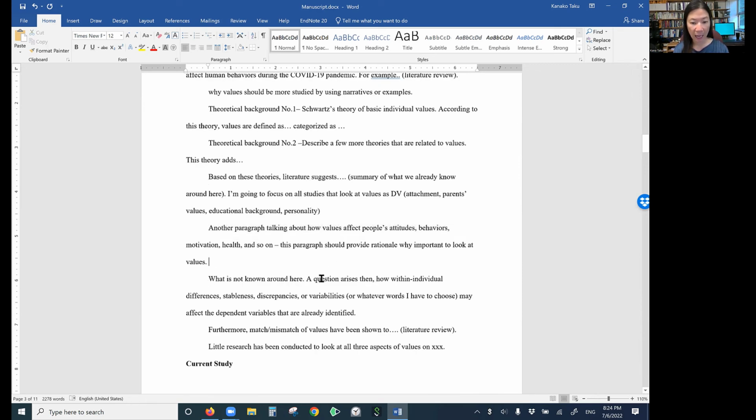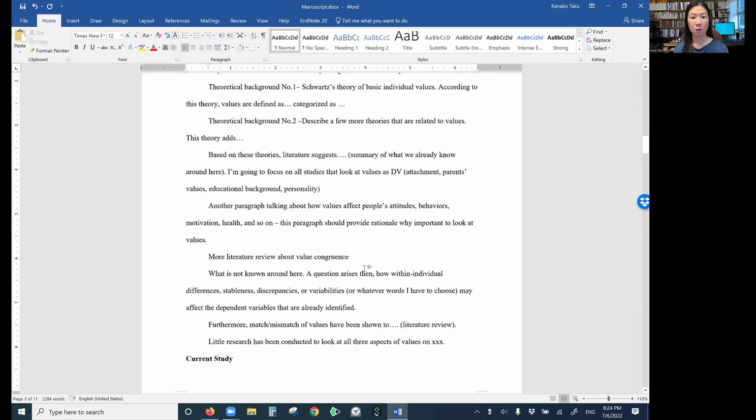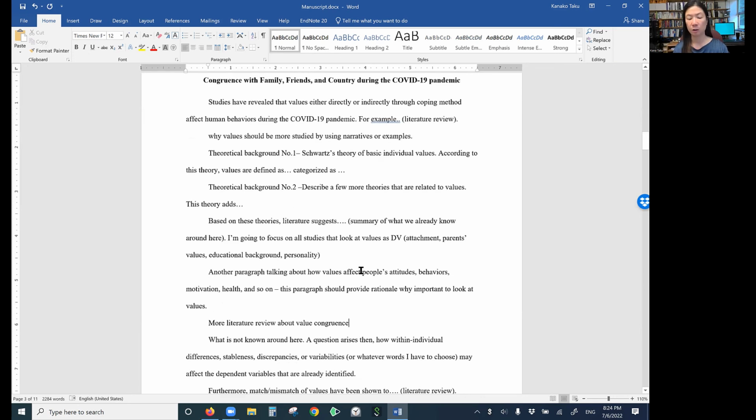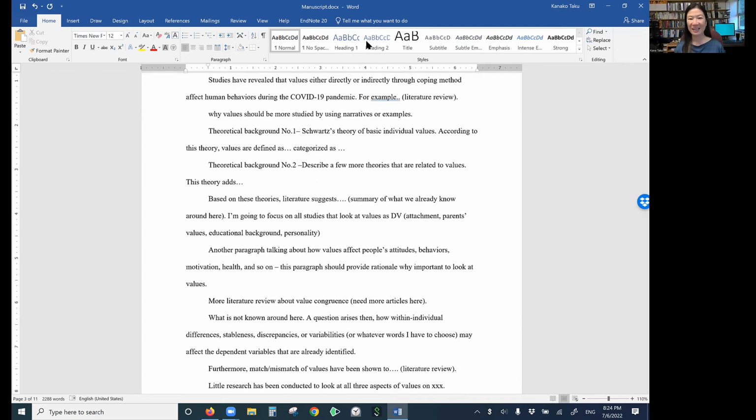Then I originally thought of covering individual differences, but here I wanted to do more literature review about value congruence, because that's something I did not do enough literature review on before. So I need more articles here.